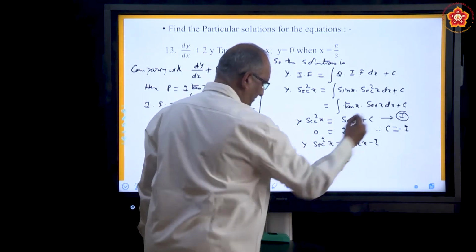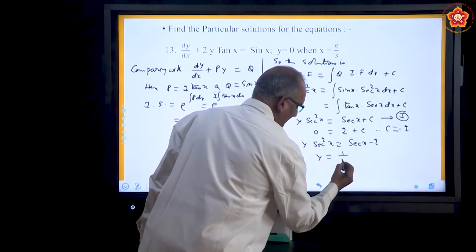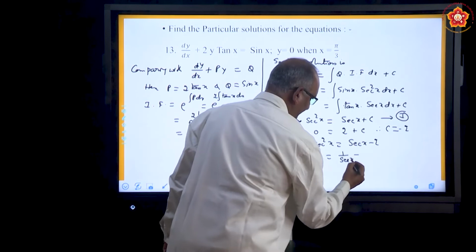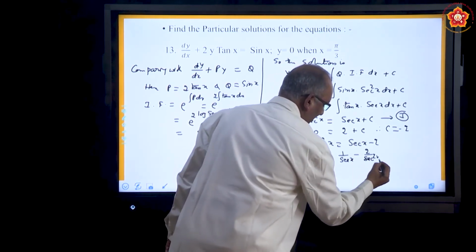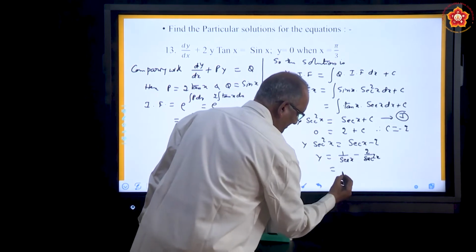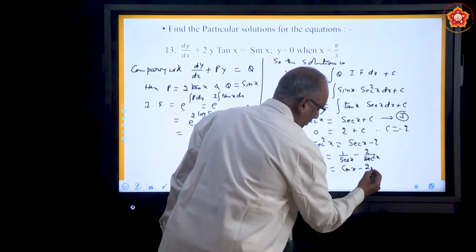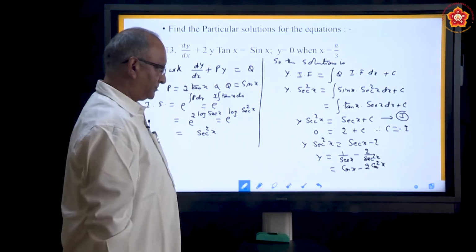So, divide the whole thing by sec square x, we can say that y is equal to 1 by sec x minus 2 by sec square x, or the same thing can be written as cos x minus 2 cos square x. This is y.